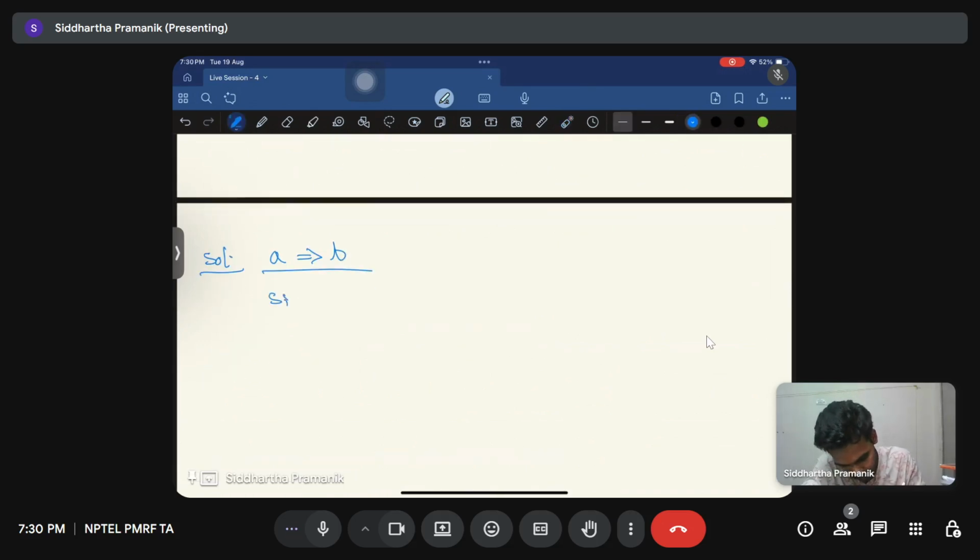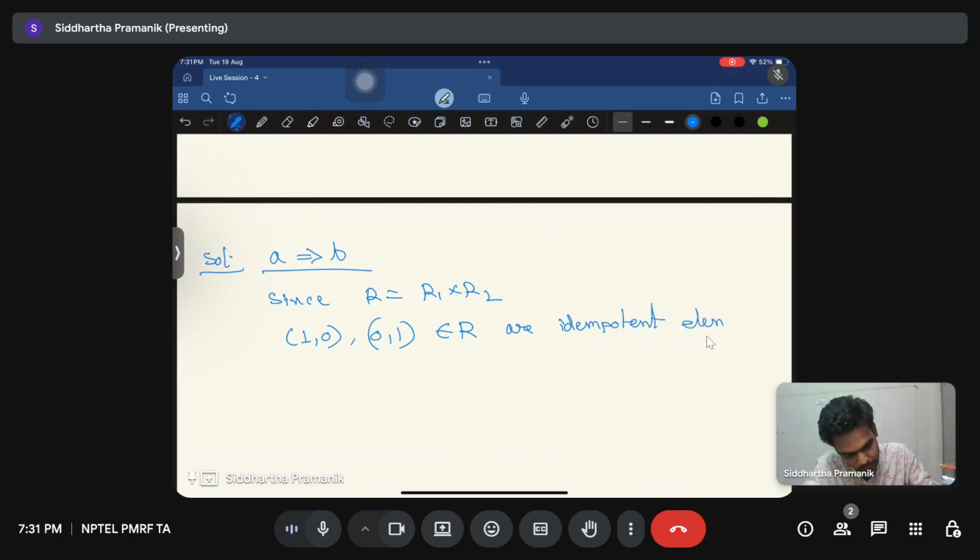Since R equals R1 cross R2, (1, 0) and (0, 1) belong to R. So these are idempotent elements which are not equal to 0 and not equal to 1.